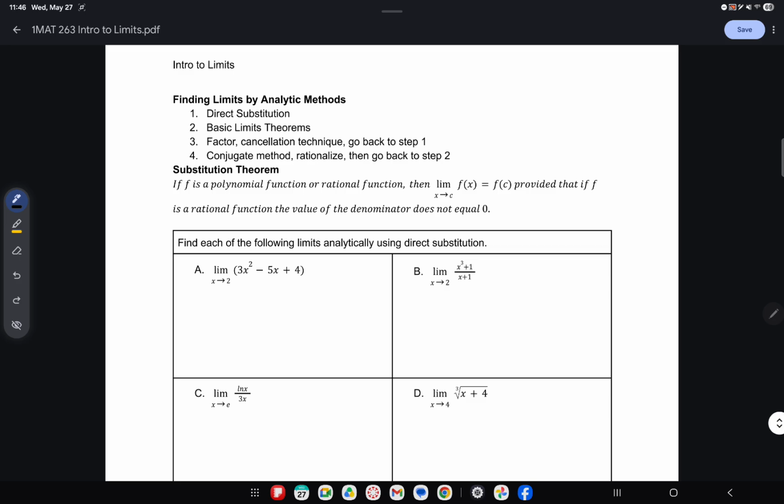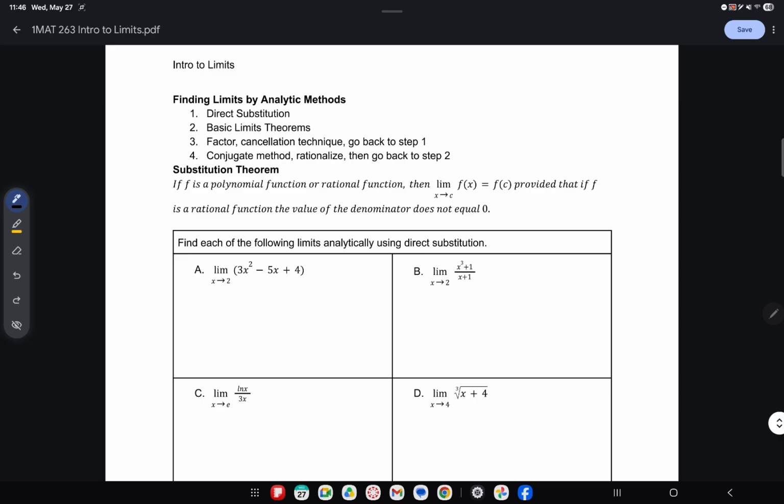Well, if we have an equation, we can try substituting in an actual value, because if the function is a continuous function, then the directional limits will be the same. If for whatever reason we do a direct substitution and get an indeterminate form, which is 0 over 0 or infinity over infinity, then we can try some algebra manipulation, see if things cancel out, and then try again with the direct substitution. And if that doesn't work, we can try some other methods.